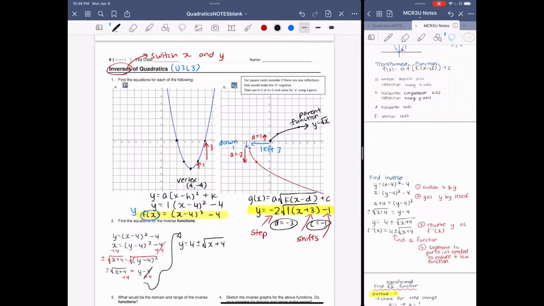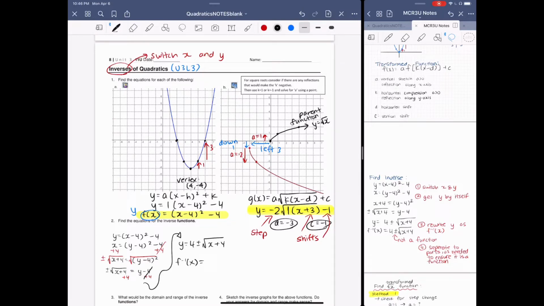I'm not done. I need to state the inverse function, and remember how it says function? A lot of people are making the mistake of just leaving it like this, or writing f inverse x, but not separating the positive and negative part. In order to be a function, it needs to pass the vertical line test.